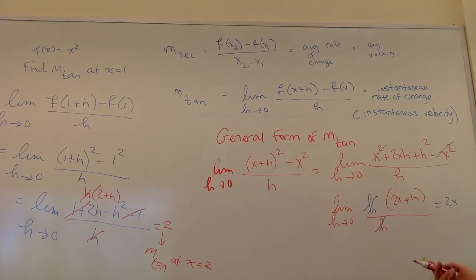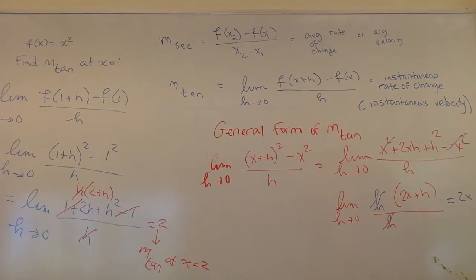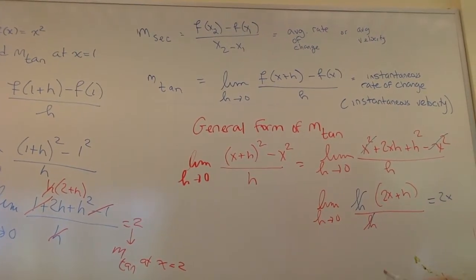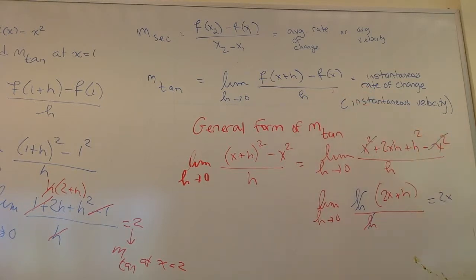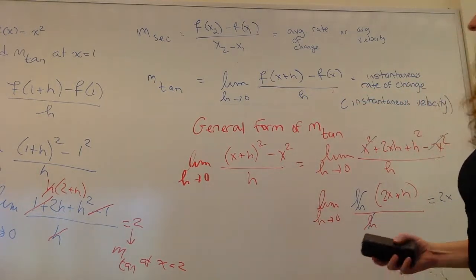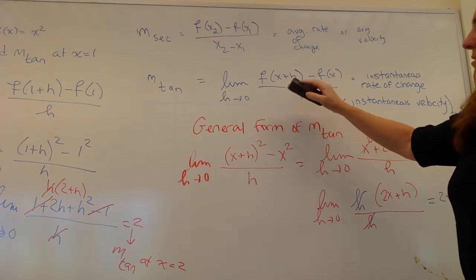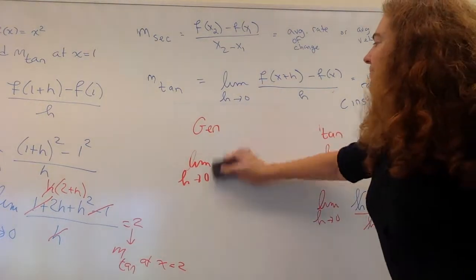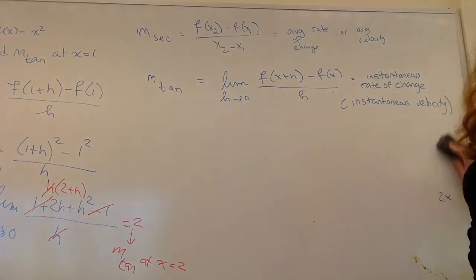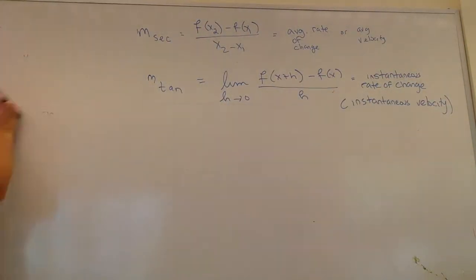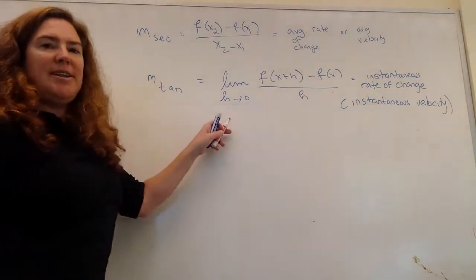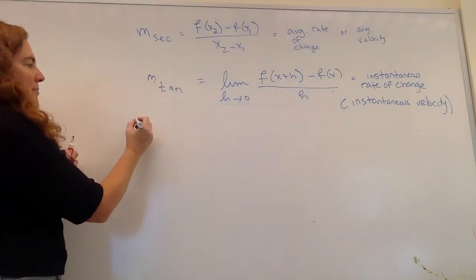That's all review. Well, it turns out that this limit is so important that we call it the derivative. So what we're going to do now is give this limit a new name. We're saying this limit right here is so important that it has a new name.